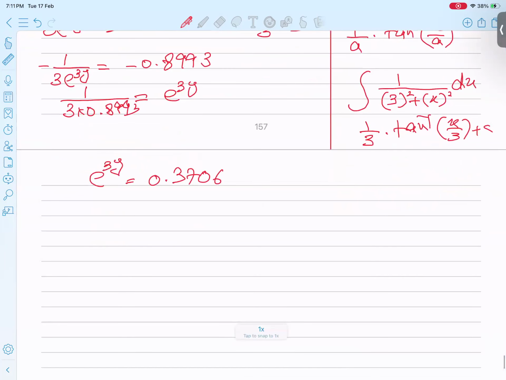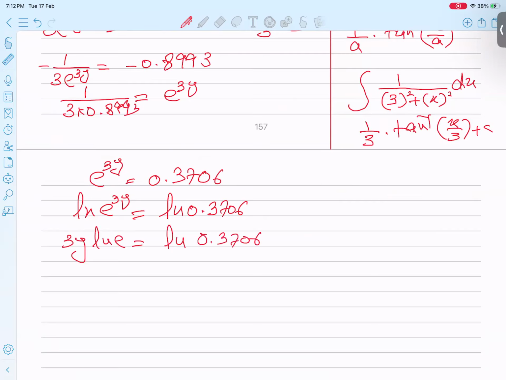I will take the logarithm ln of both sides. When I take log of both sides, students, I will get this form. Thus, this power will go down to the front, so 3y times ln e. After this, what is the way? You know it very well. Log of e is always 1, like log base 10 of 10 is also 1. So this becomes 1 for sure, and this 3 will divide.